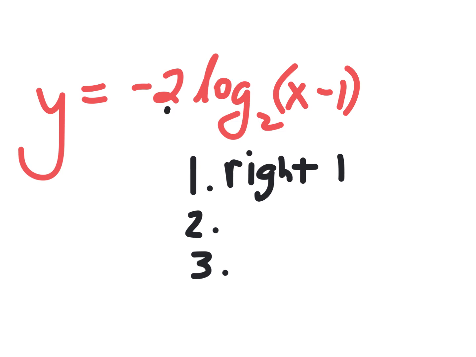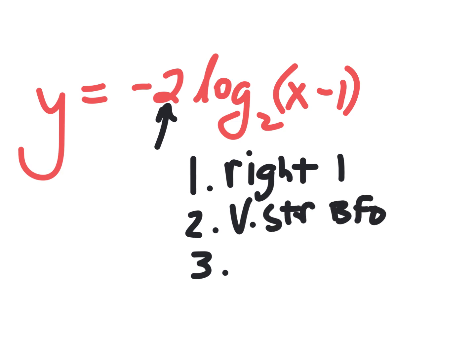So this 2 here, some bold person, take a stab. What does that do? And hint, use the word vertical in your answer. Yes? Vertical stretch by a factor of 2. Very nice. And Riker, that negative. Vertical reflect, yes.